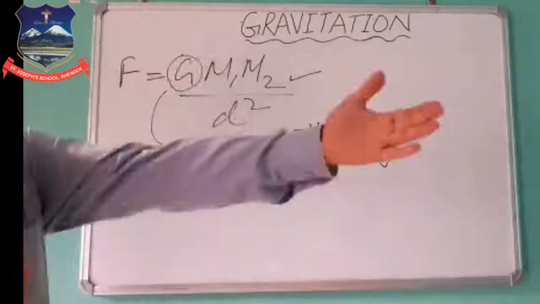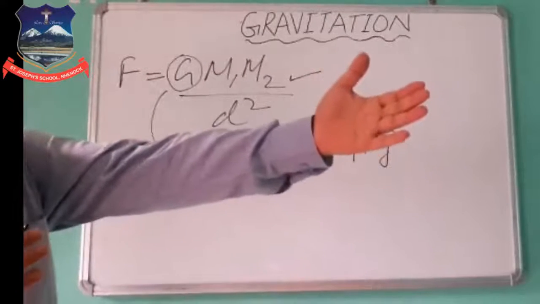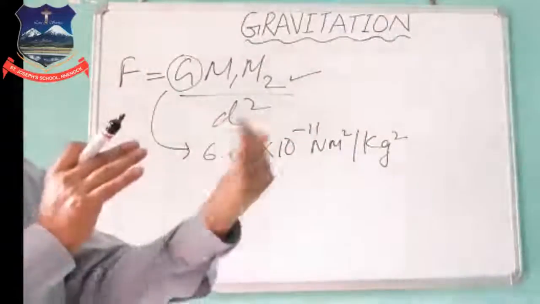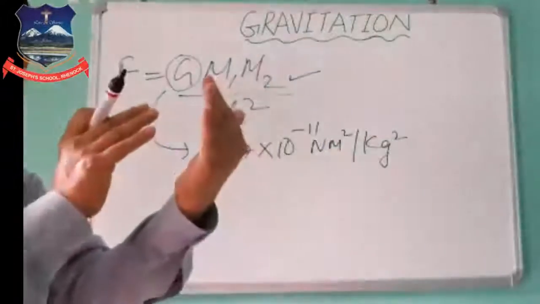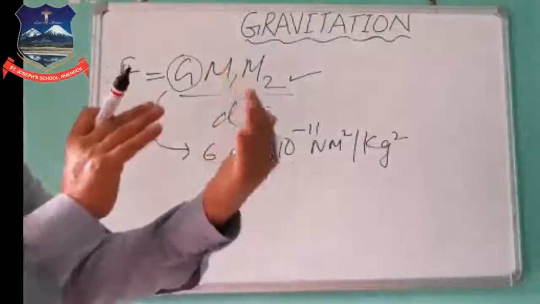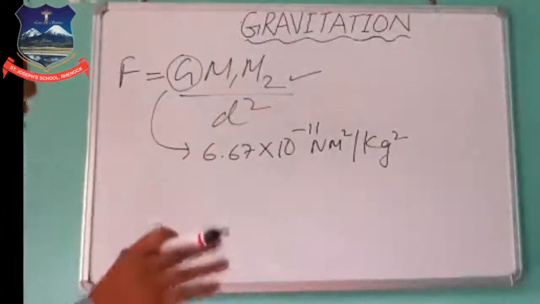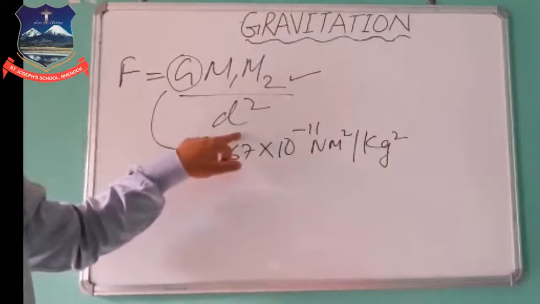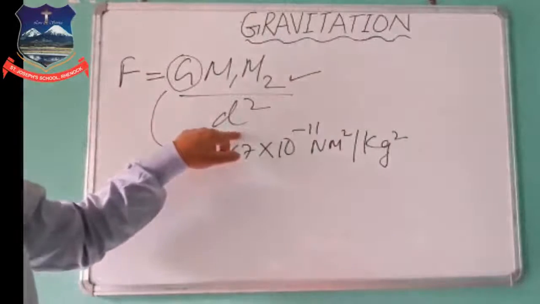More the distance between the two bodies, lesser will be the gravitational force. Similarly, when you decrease the distance, or bring the two bodies very close to each other, the force of gravitation increases. So that is why the force of gravitation is inversely proportional to the square of the distance between the two bodies.